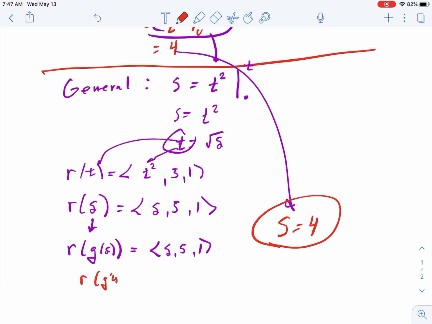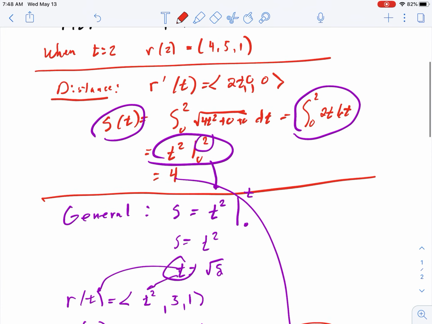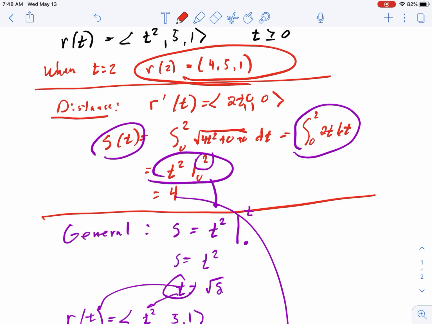If we plug in r of g of 4, we have a location of 4, 5, 1, which matches what we have from up here.